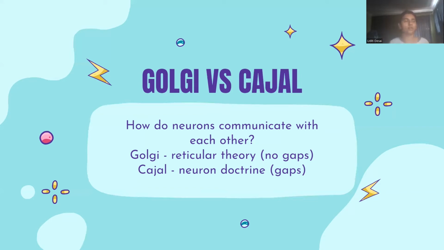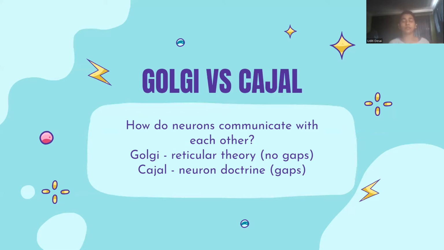He saw that there was a lot of branching, and so he just assumed that there weren't any gaps between each branch. But later in the 1800s, Ramon y Cajal used Golgi's staining technique and decided to draw what he saw. And the results were shocking. He saw that there were gaps between neurons, which solidified the theory of the neuron doctrine.